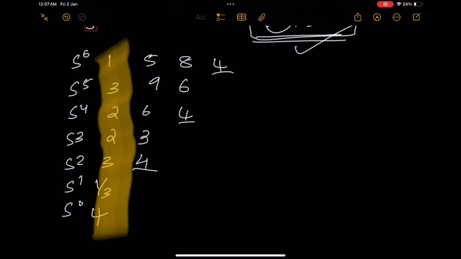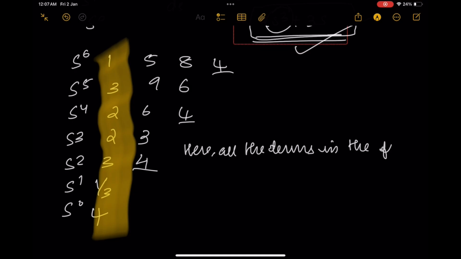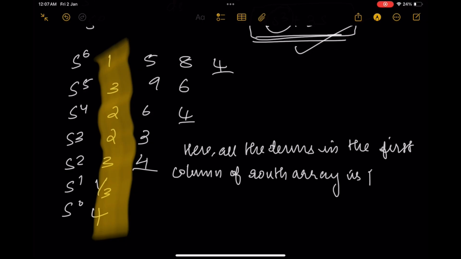Here, all the terms in the first column of the Routh array are positive. Hence, the system is stable.